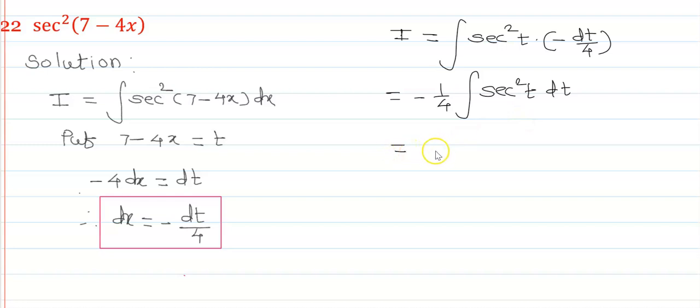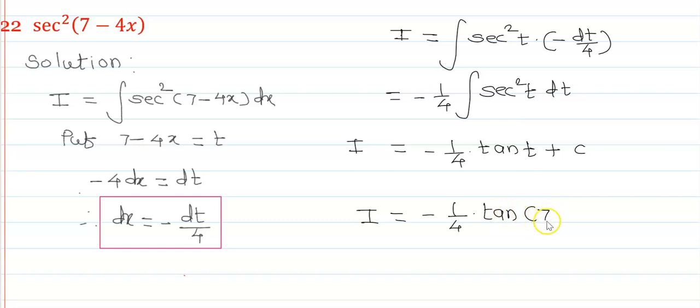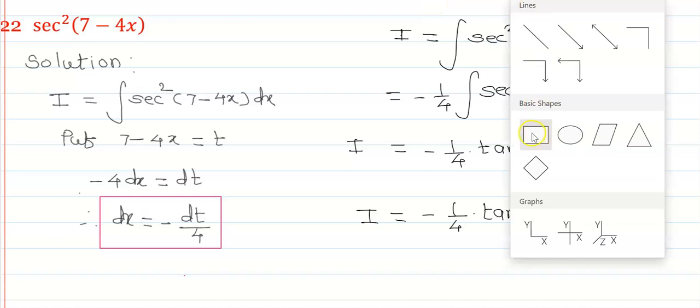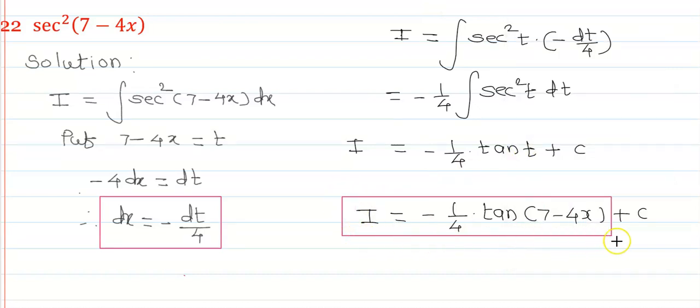What is the integral of sec square t? It is tan t, so minus 1 by 4 tan t plus c, and this is I. Therefore I will write the answer: I is equal to minus 1 by 4 tan of 7 minus 4x plus c. Okay, the answer.